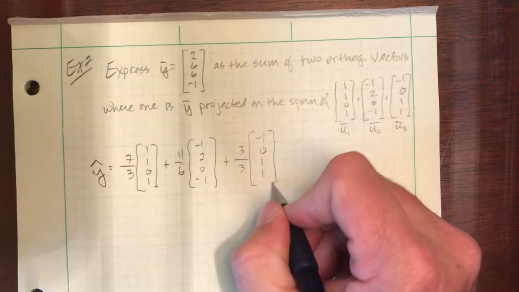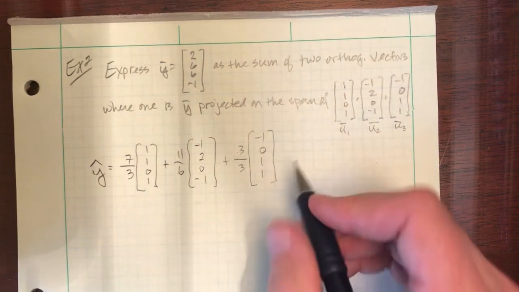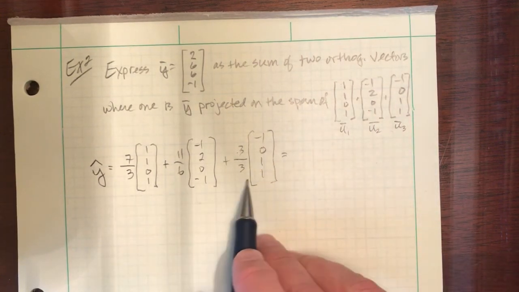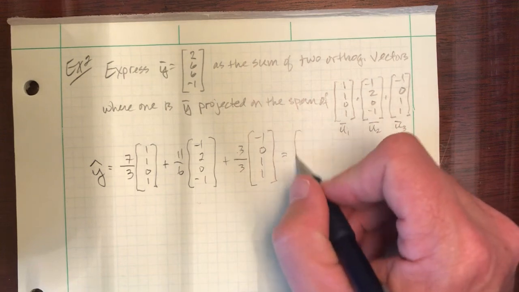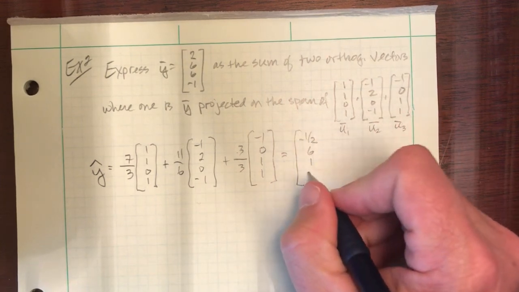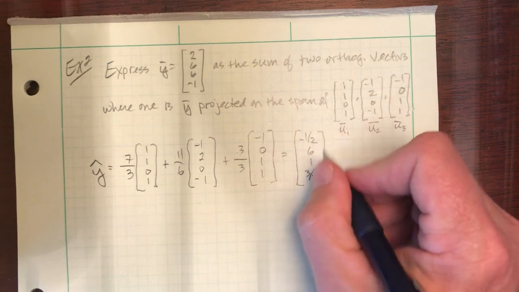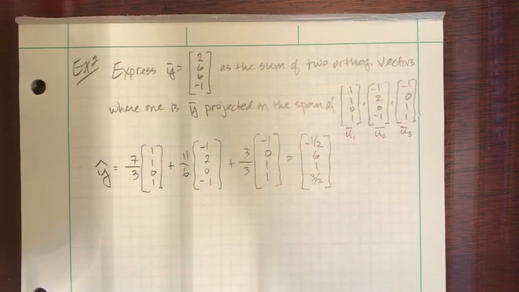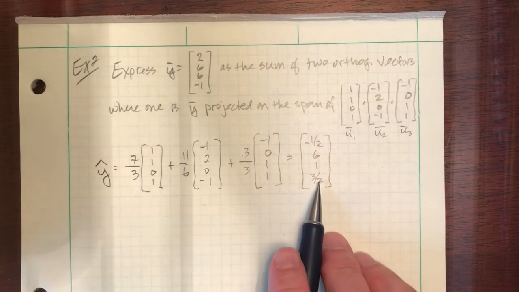So here's my linear combination. What we get, let's scale and add. Turns out this just ends up giving us negative 1/2, 6, 1, and 3/2. So that's one of my two-part answer.